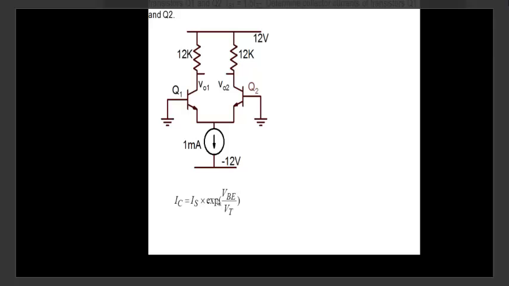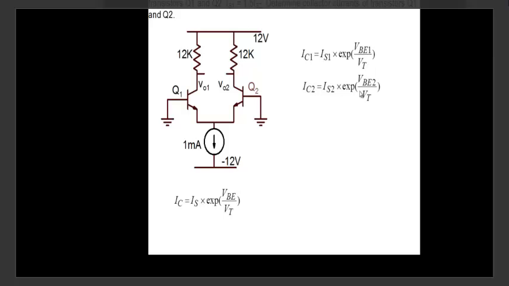This is the basis of when we say the two transistors are matched, what are we saying? IS is the same for both of them. And note that if the two transistors are matched, their base voltages are the same, and emitter is obviously common. And therefore, on that basis, we say IC of this transistor is same as IC of this transistor. But now that IS is different, what we need to do is, we have to write IC1 is IS1 exponent VBE1 by VT.